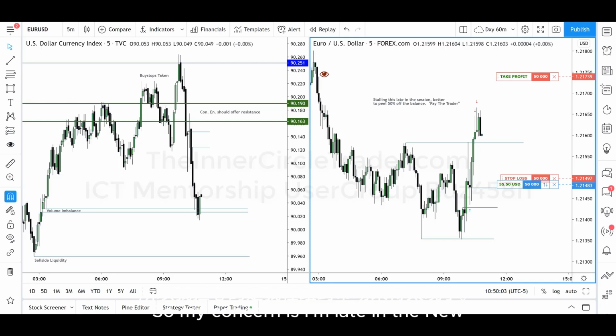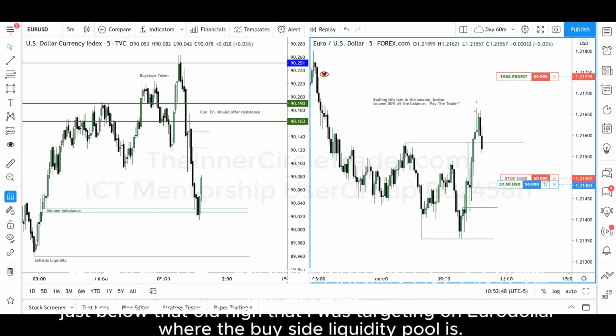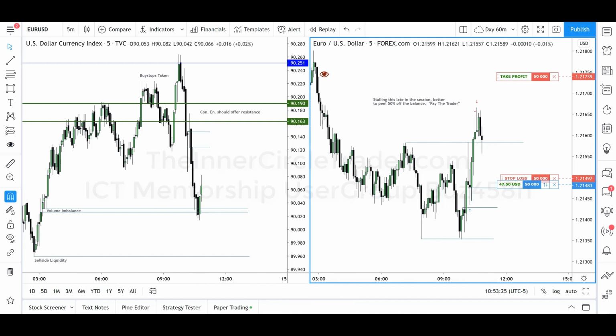So my concern is I'm late in the New York session. I'm in the heart of the London close kill zone. So I'm seeing it start to retrace now. If it starts to rally again, in my mind, I want to trail my stop loss up just below that old high that I was targeting on euro dollar where the buy side liquidity pool is.